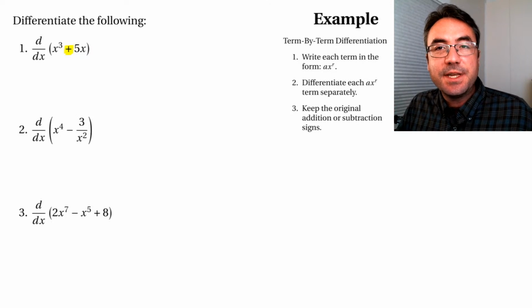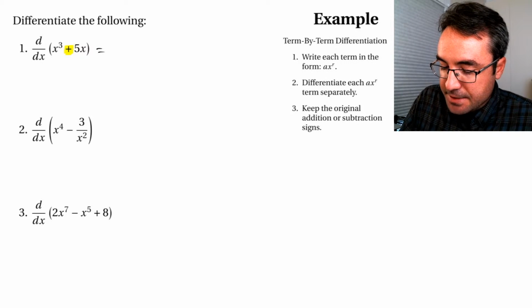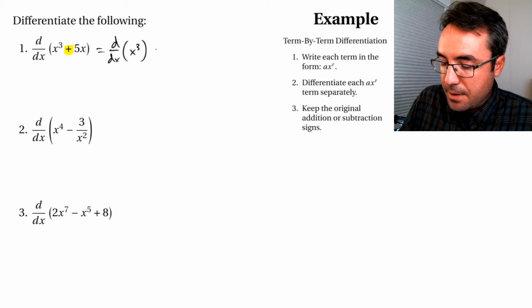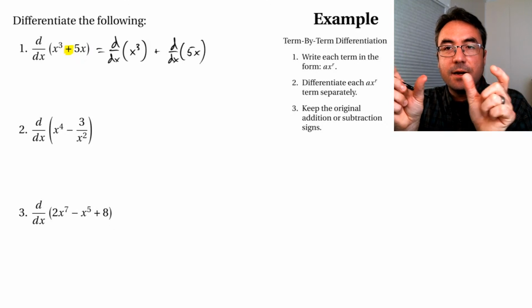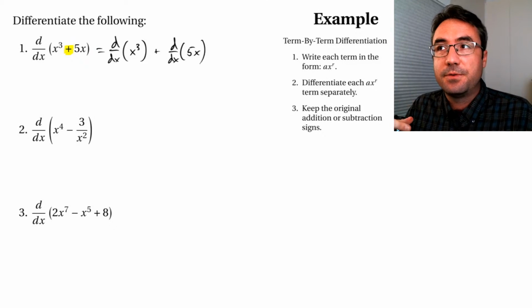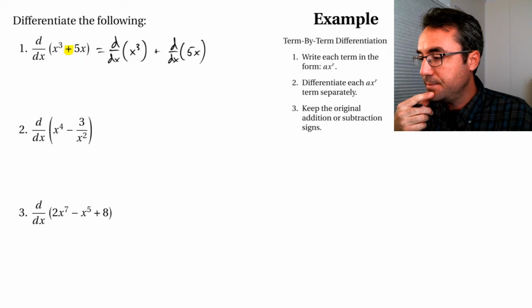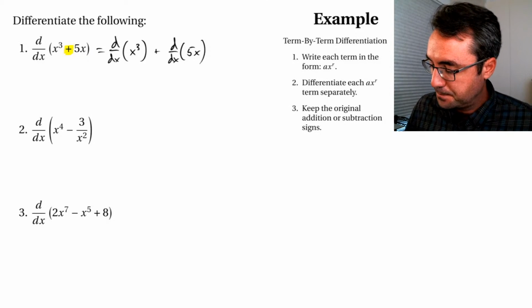So what the sum rule says is we can split up the derivative and instead just do the derivative of x cubed, the derivative of 5x. So we just do the derivative of each of the pieces there, and then we just add them together. So derivative of x cubed plus the derivative of 5x. And now each of those is something we've done before, either power rule or constant multiple rule.